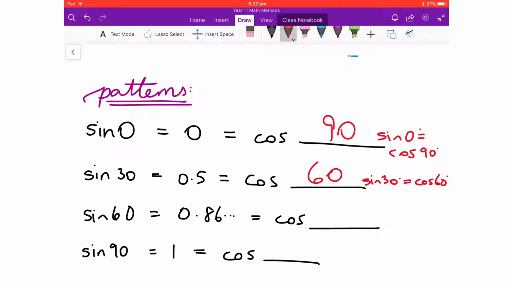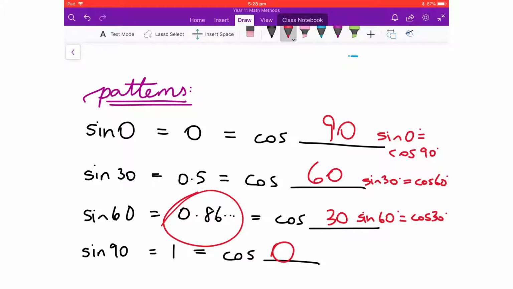Our sine 60, which was that really long number that we had before, is equal to cosine 30. Let's write that down. Sine 60 is equal to cosine 30. And let's do our last one. Sine 90 is equal to 1, which is equivalent to our very first one that we did, which was cosine 0. So sine 90 is equal to cosine 0.